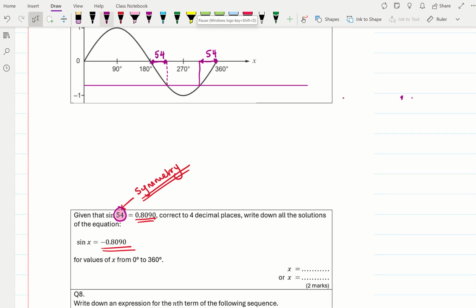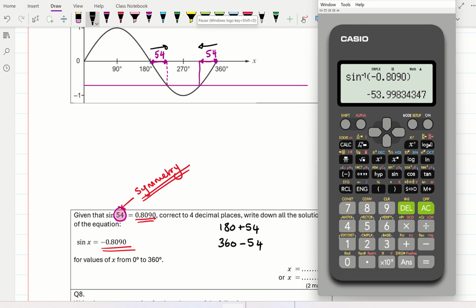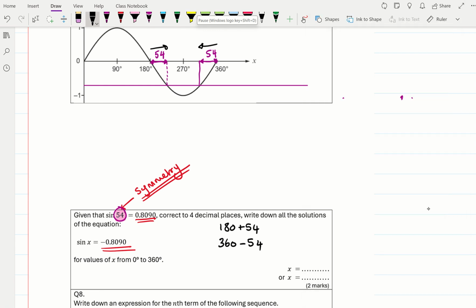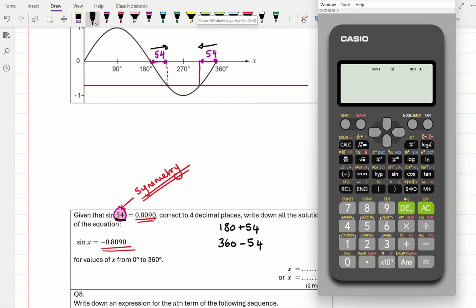Well, how do you find these distances? The first one you find by doing 180 plus 54. And the second one, because it's that direction of 180, the second one is to the left of 360, so it's 360 minus 54. You don't actually need to use shift and sine and all of that. You just use that number here. But definitely show your lines.